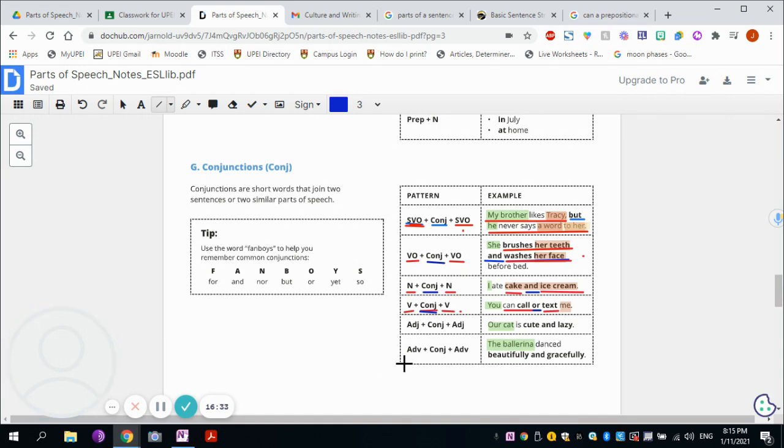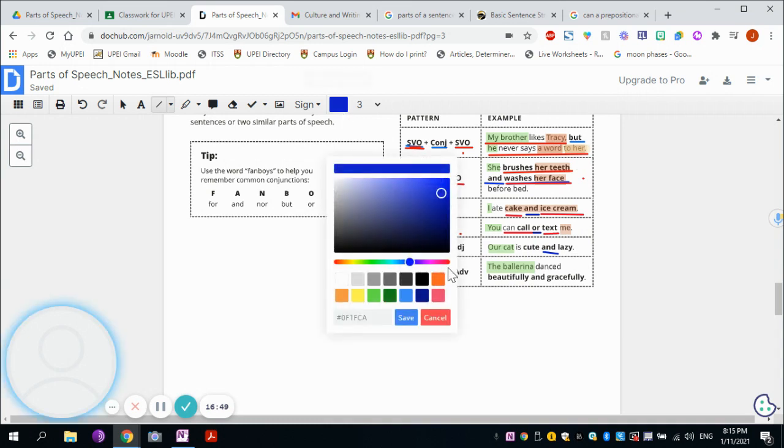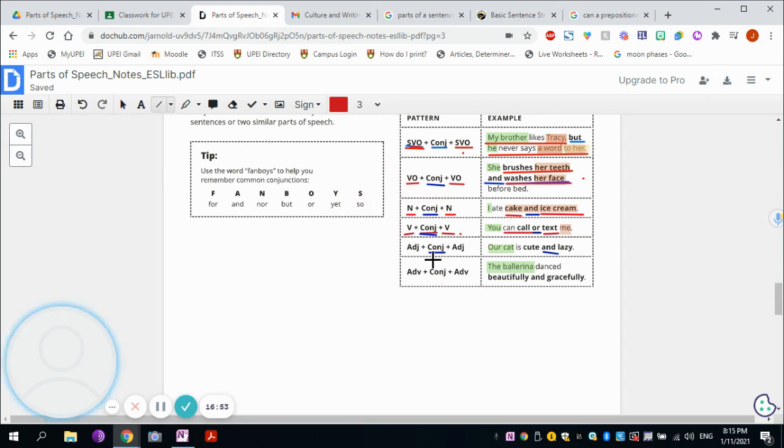Okay. And then as well, we have an adjective plus a conjunction plus an adjective. So let's do the conjunction first. There's our conjunction, and. Okay. Let's see if everything will stay the right color. Save that.